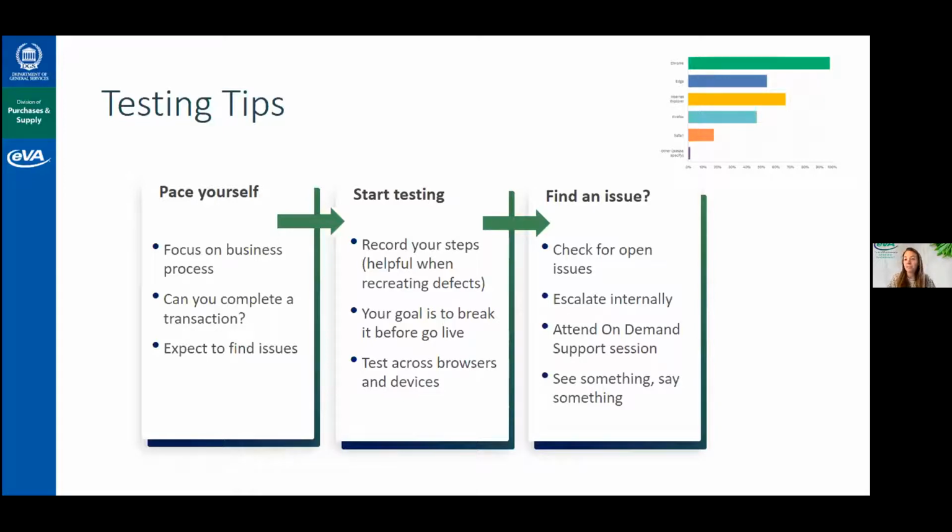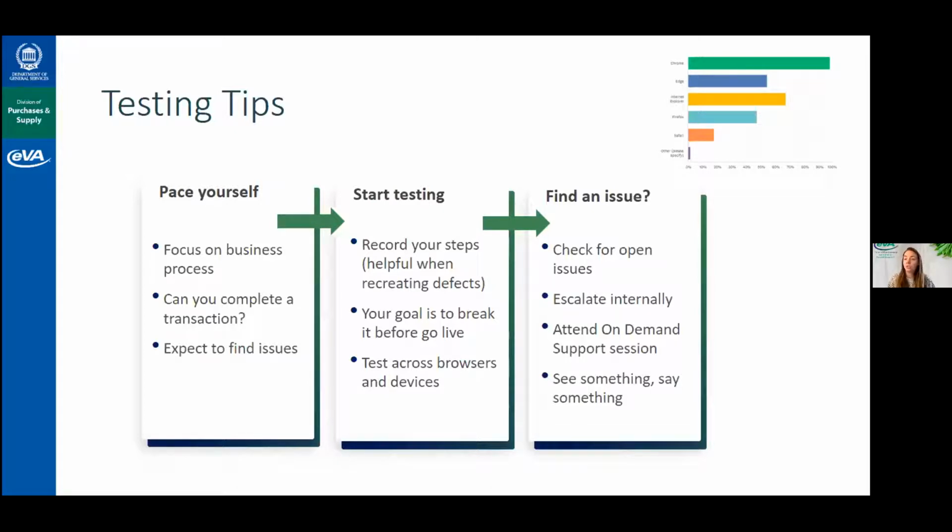If you find an issue, there are a lot of things to do because you found that Easter egg. What you want to do is check and see if this is a known issue that we have recorded and shared with you all on the testing website. I'll jump a little bit ahead, but escalate internally.